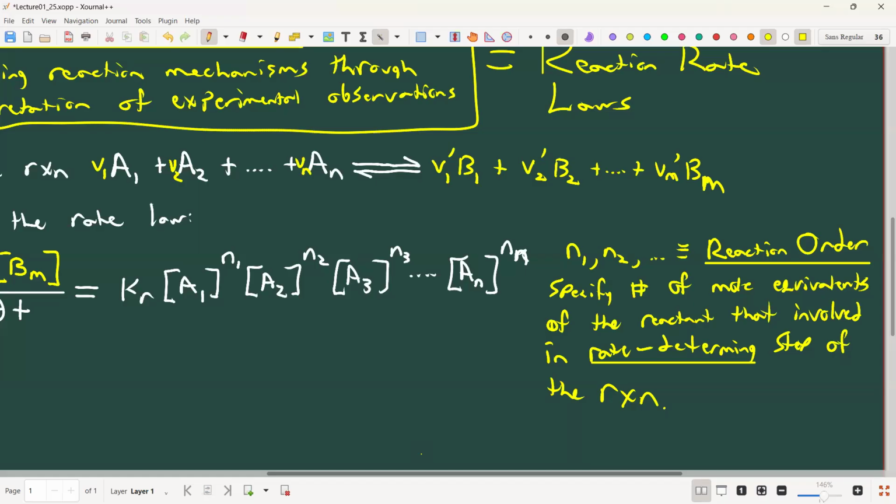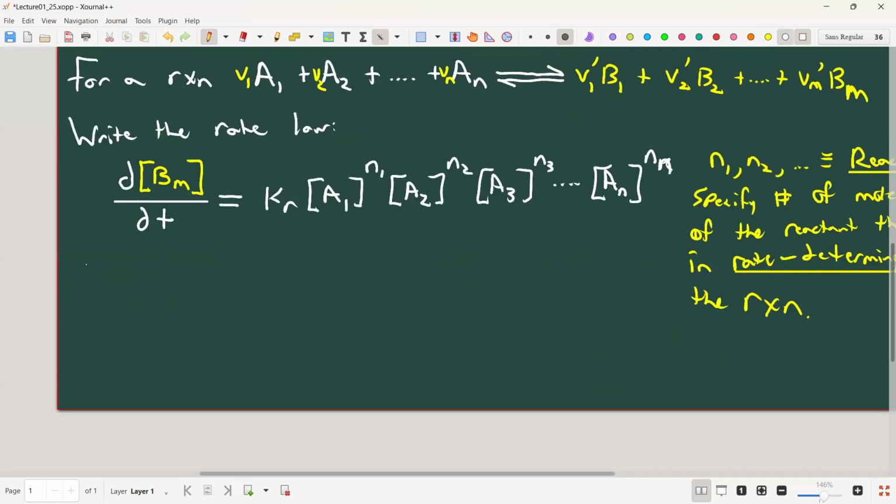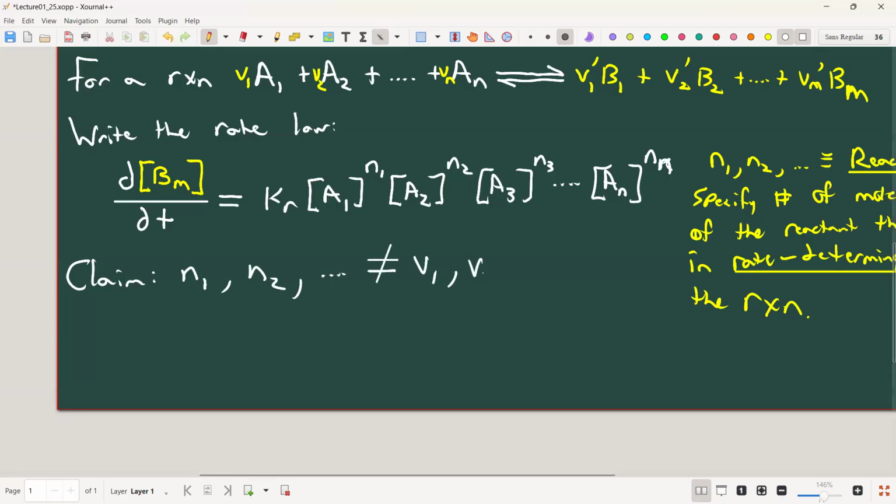For instance, let me give you a good example of this. The claim I'm going to make here is that the order parameters are not necessarily equal to the stoichiometric coefficients. I stated this last time, right?